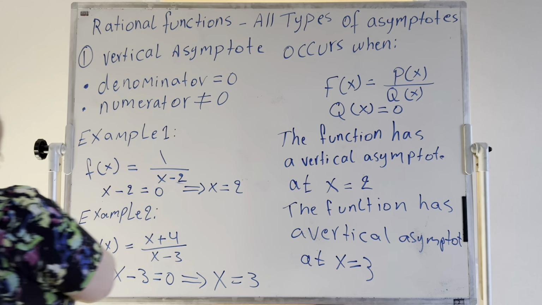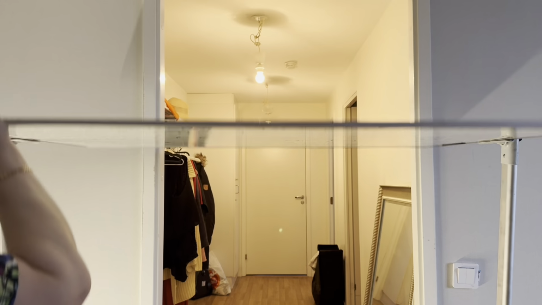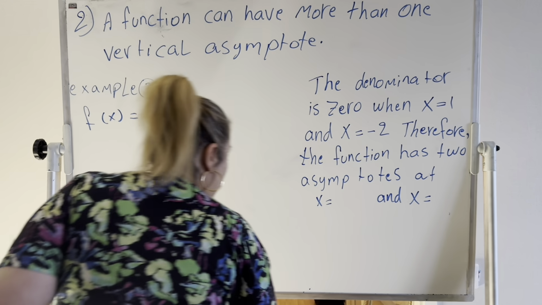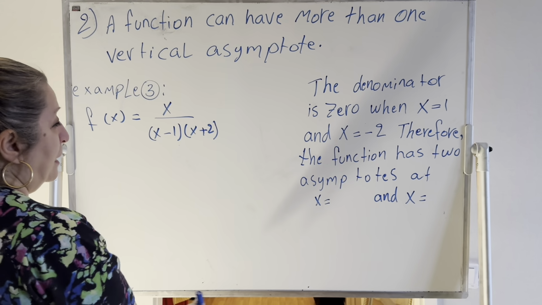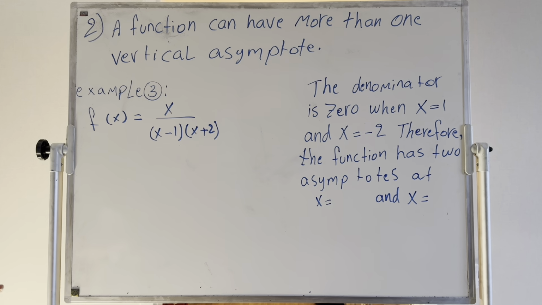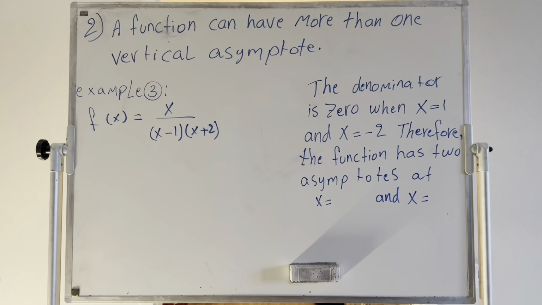I continue with another example. A function can have more than one vertical asymptote.